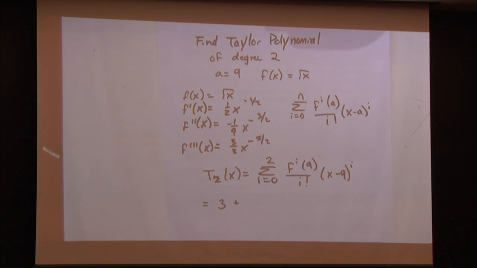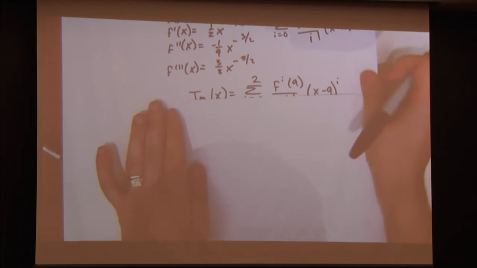Plus, if I plug in 9 at any other location, I should get 0. So then it would be, I'm going to do it by hand. I'm not going to look. That's not helping me. So I need to plug in my points, right?